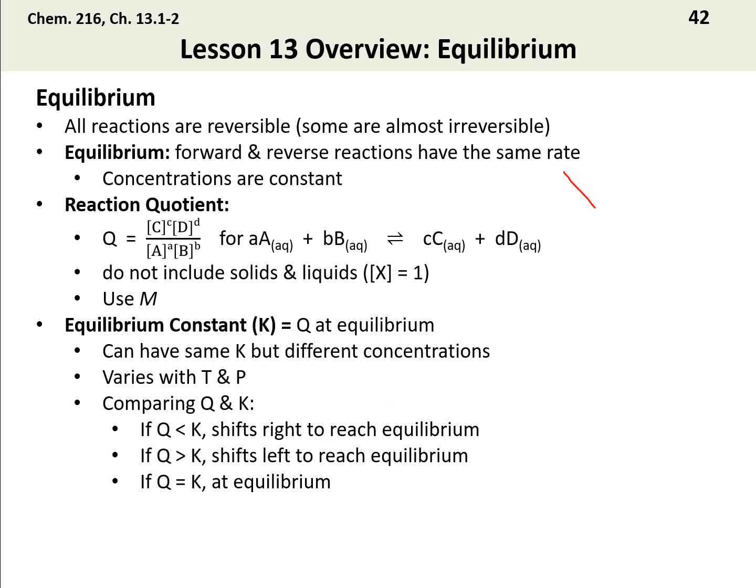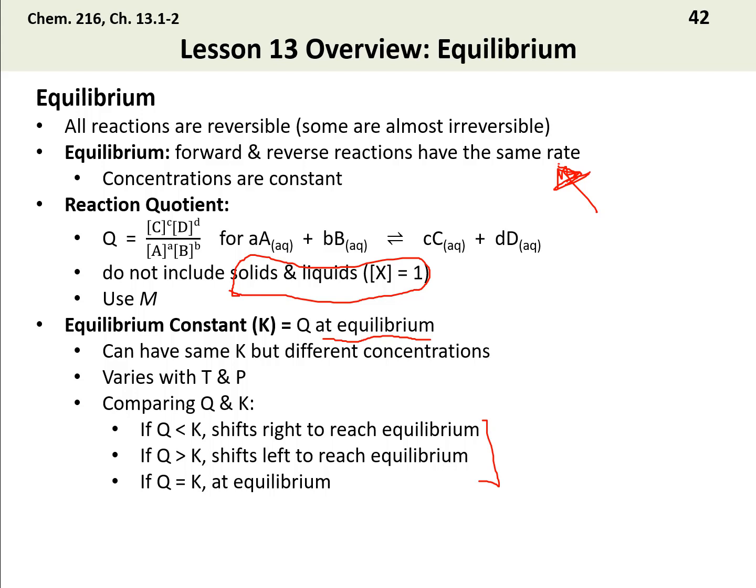Okay, so that is it for equilibrium. We talked about what equilibrium was, right? Basically, the concentration stopped changing, but the reactions are still occurring forward and backward. We talked about Q. Remember, solids and liquids aren't in there. And then we talked about K, which is the same thing as Q, but at equilibrium. Okay? And then we talked about shifting.